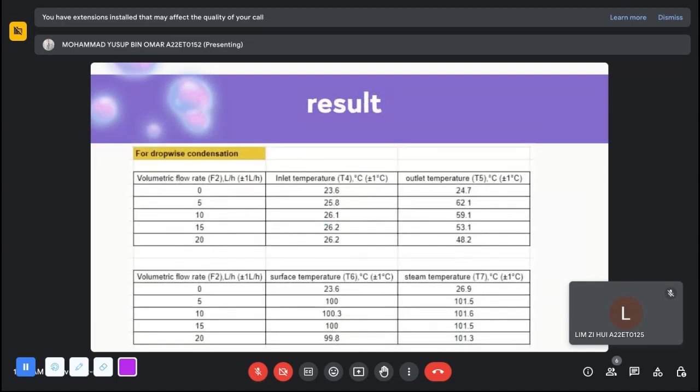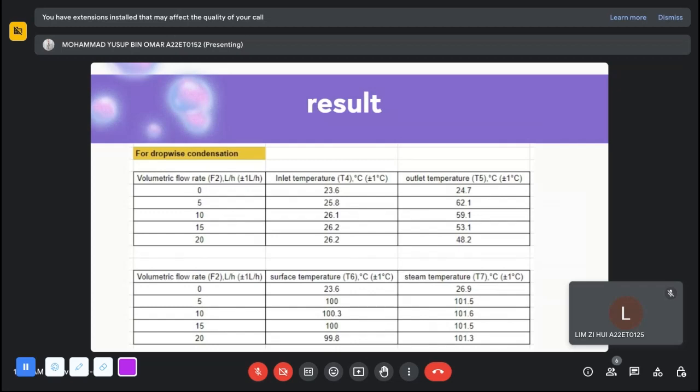So this table is for the dropwise condensation. We can look at 0 liter per hour: T4 until T5 have the same value, with an average of 24.5. For the volumetric flow rate 5 until 20 liter per hour, it increases from 25.8 to 48.2.